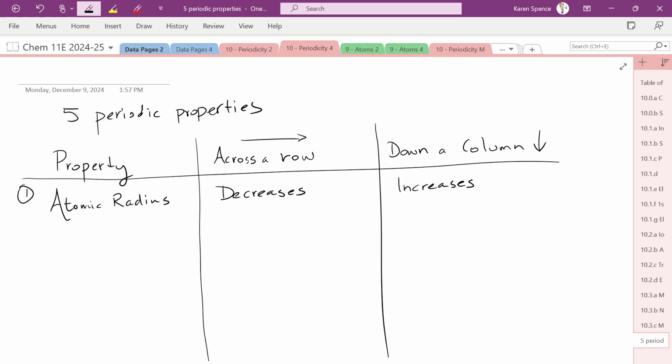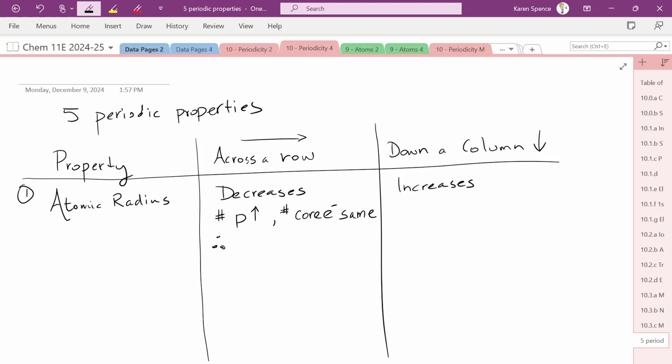It can be fairly simple, okay? So for example, atomic radius decreases because as we go across a row, what happens? The number of protons increases and the number of core electrons stays the same.